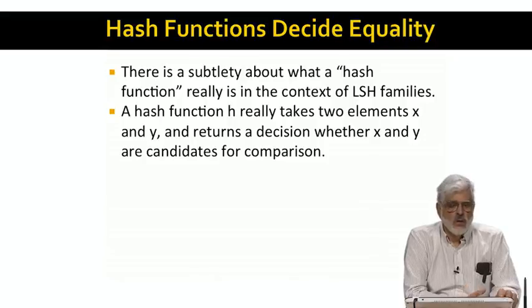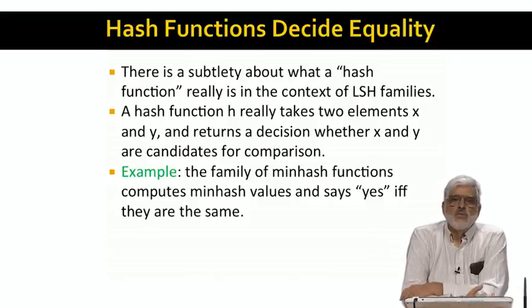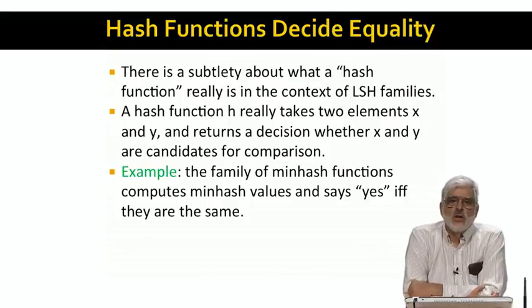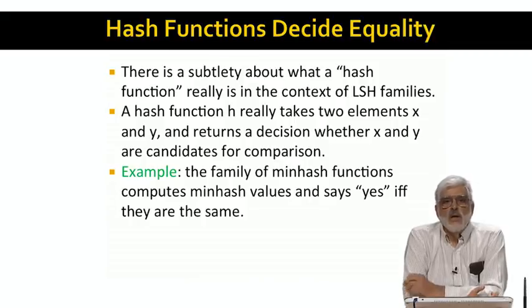For example, a min-hash function can be viewed as taking two sets x and y, computing their min-hash values according to some permutation associated with that hash function, and saying yes if and only if the min-hash values are the same. In many cases, there will be a calculation of values behind the scenes, and the yes answers are made when the values are the same.